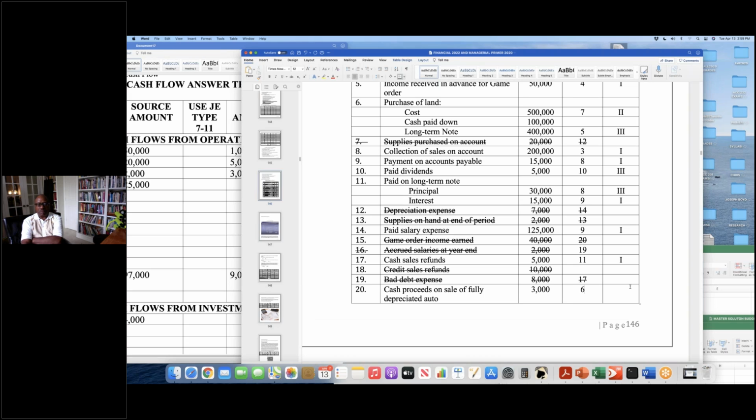Oh no. Yeah. Oh, it is? Sales of a non-current asset. Yeah. Auto, non-current asset. Oh, okay. Oops. Auto is non-current. They are non-current.